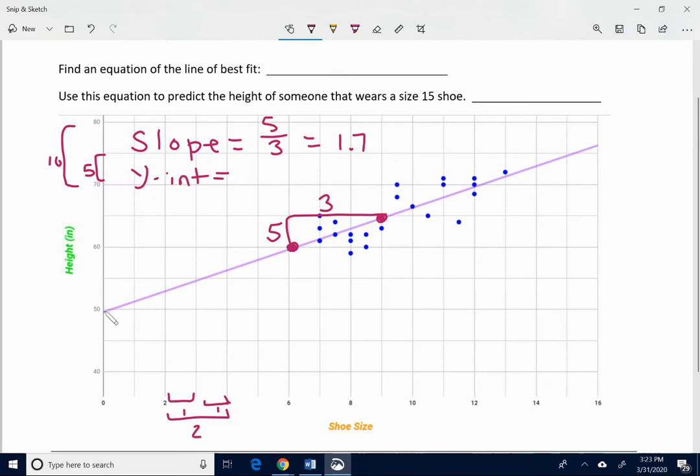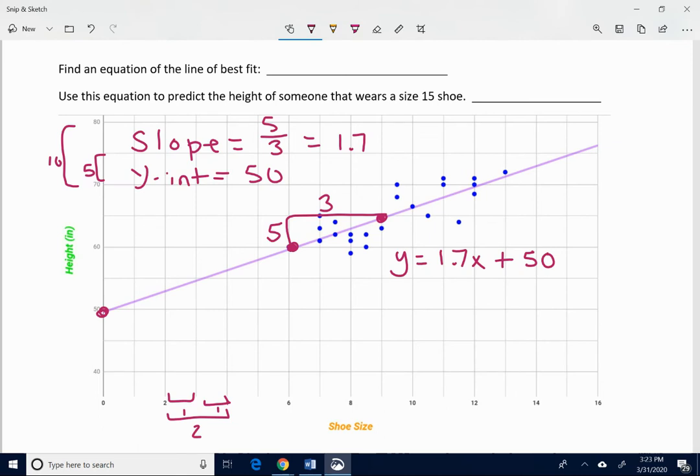That's really, really close to 50. I'm just going to think of it as 50. So my y-intercept is 50. My equation would be y equals, slope comes first in front of the x, so 1.7x, plus my y-intercept of 50. So y equals 1.7x plus 50.